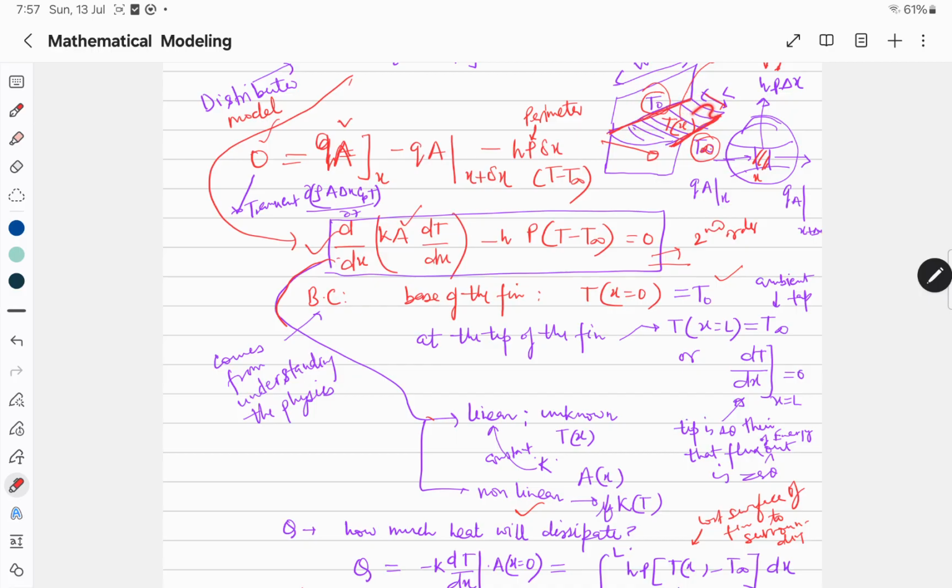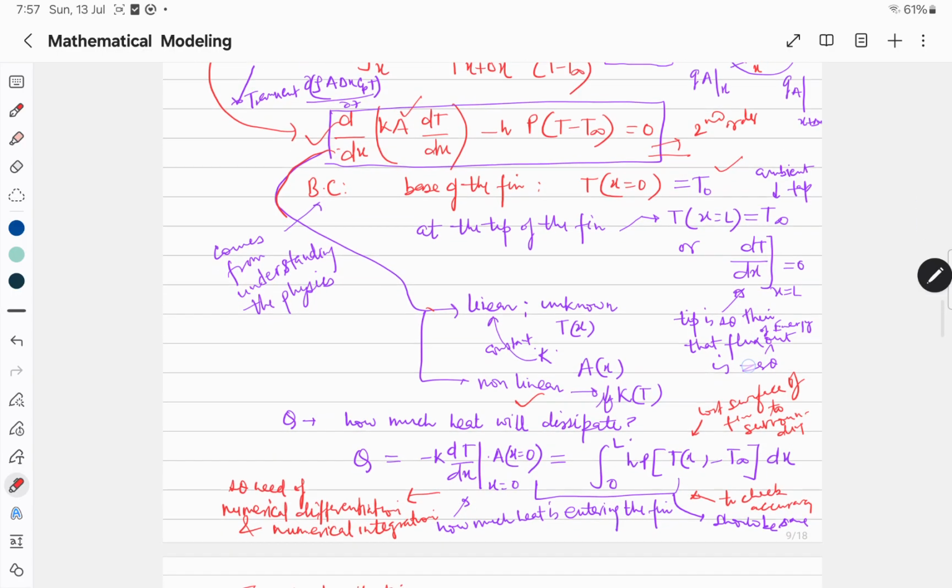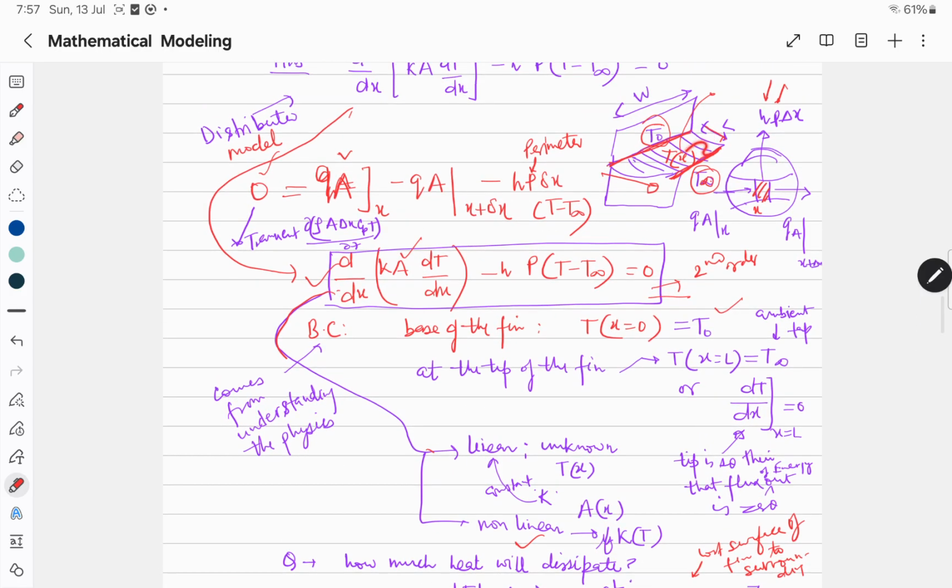First way: the heat going into the fin, that is minus k dT over dx at x equal to 0, multiplied by A. The second way is the heat going out through the fin surface to the ambient or atmosphere.